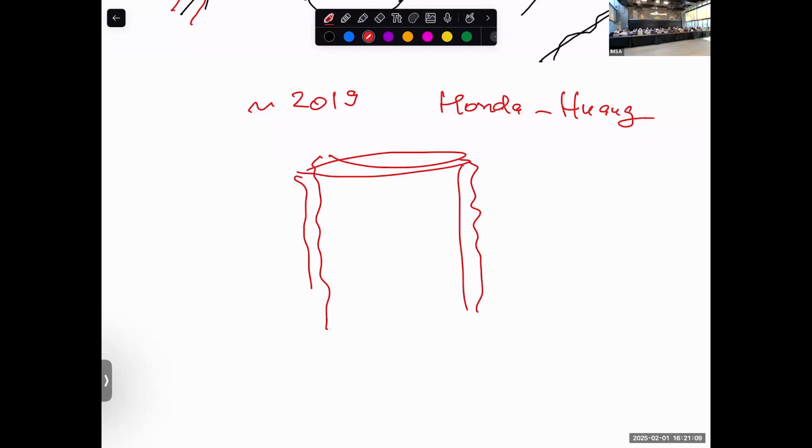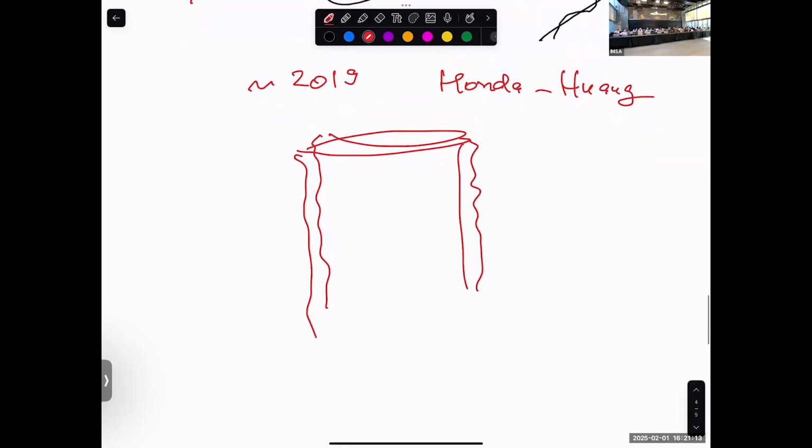Not C infinity, like in the two-dimensional case, but C0. So Honda-Huang: any hypersurface can be C0 approximated by convex.